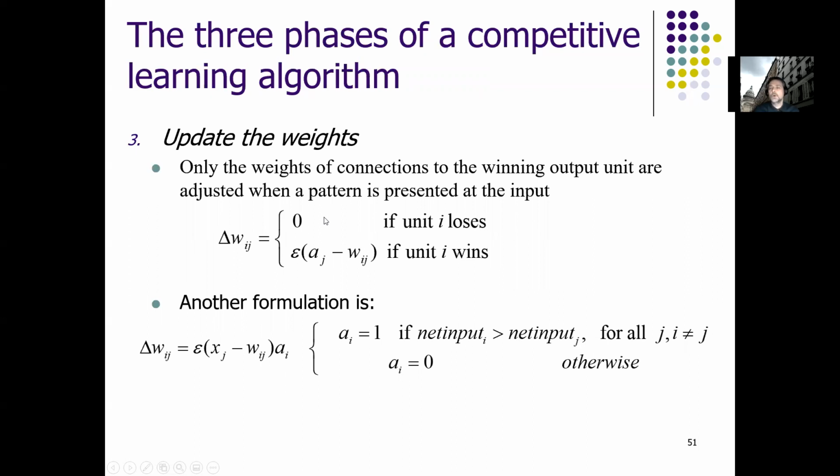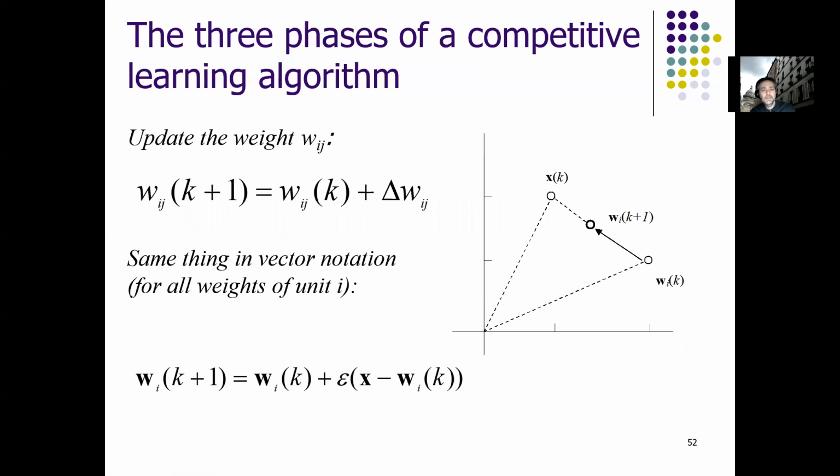So only the weights of the winners are updated. The other weights do not update. They stay the same. There are also methods which reduce the weights of the losing units. That's another formulation which takes into account not only the weights and the activations, but also the input data. Different rules proposed in the literature.